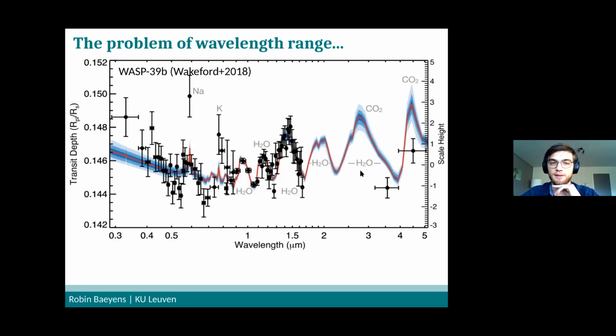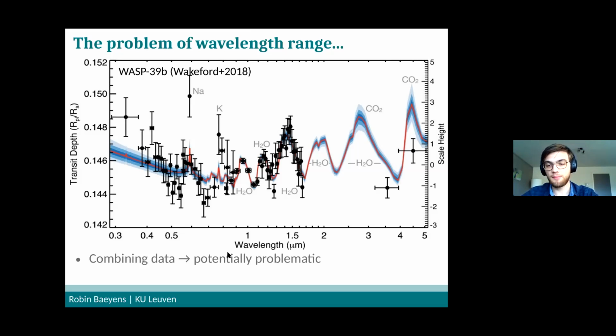So there is a problem for transmission spectroscopy with respect to the wavelength range, and we would like to continue more in the infrared. So we need, of course, other telescopes for that, and I'm thinking mostly of the James Webb Space Telescope.